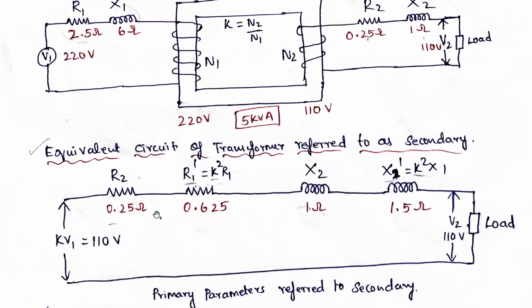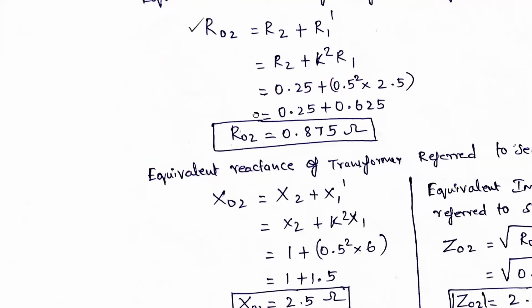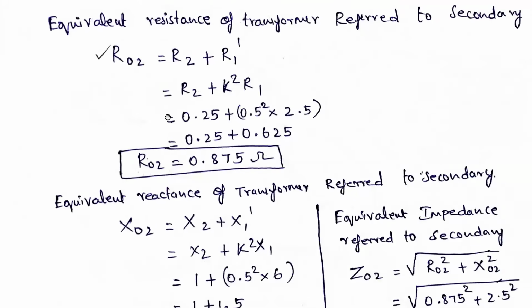So this plus this value, 0.25 plus 0.625. Okay, so that is R naught 2 is equal to R2 plus R1 dash. So R1 dash is what? K squared into R1. So 0.25 into K squared. This already we calculated, 0.5 squared into R1. That is 0.25 into 2.5. This we calculated as 0.625. If you add this one, 0.875.